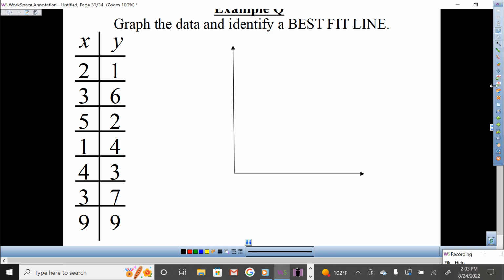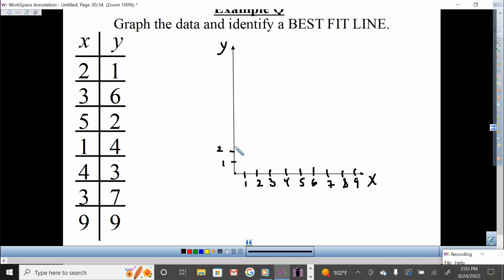Okay, there it is. All right, so this is my X. This is my Y. Okay. So we got 1, 2, 3, 4, 5, 6, 7, 8, 9. 1, 2, 3, 4, 5, 6, 7, 8, 9.